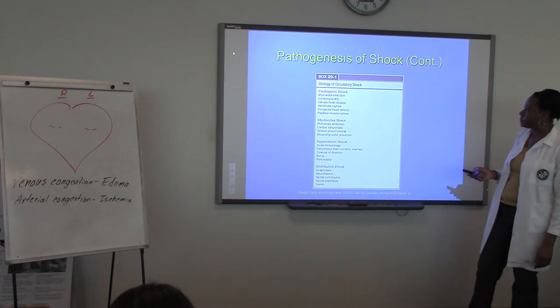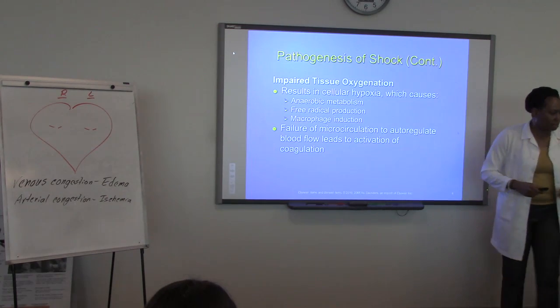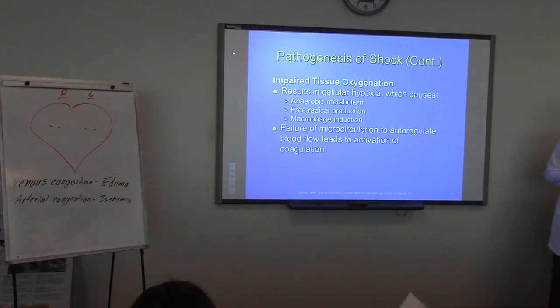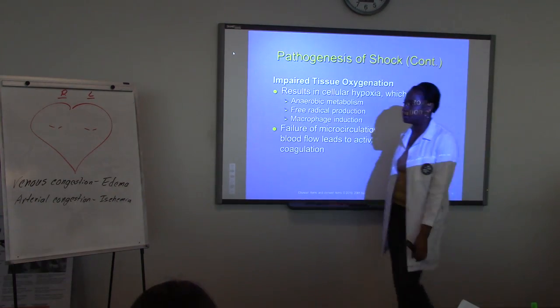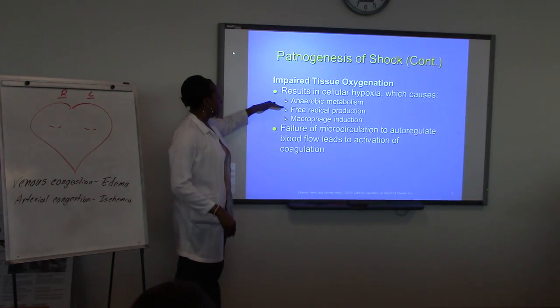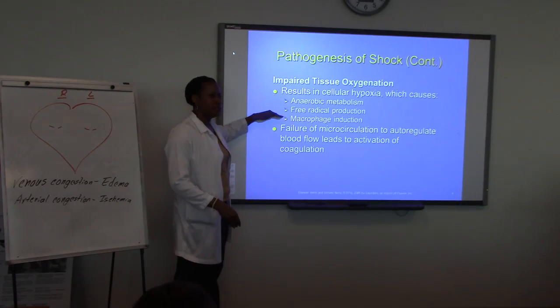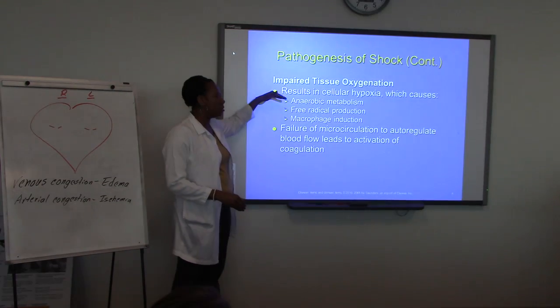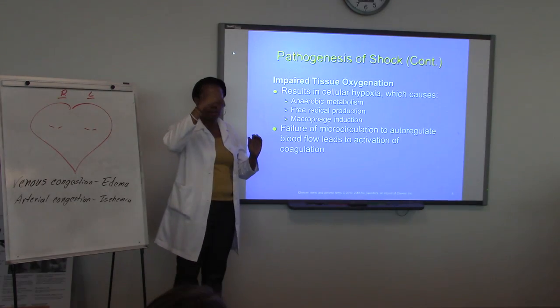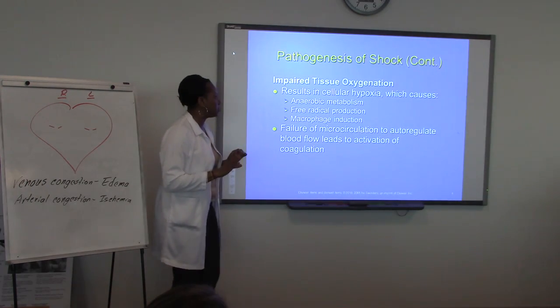Now, the pathogenesis is actually quite interesting. When you see these arrows here, they have them listed separately, but they all fall into each other. They really should be listed 1, 2, and 3, or flow into each other. So let me just explain.